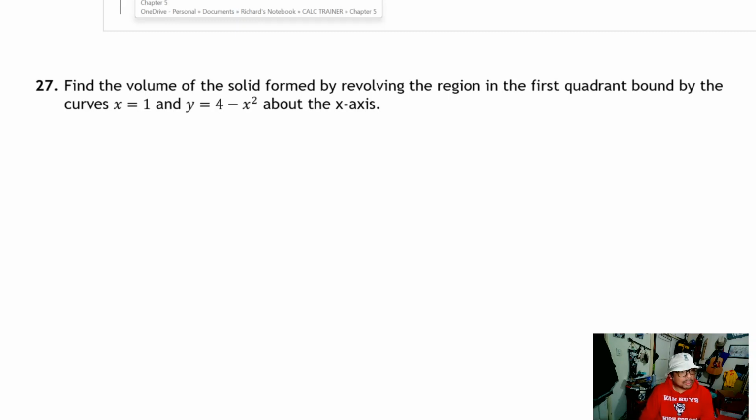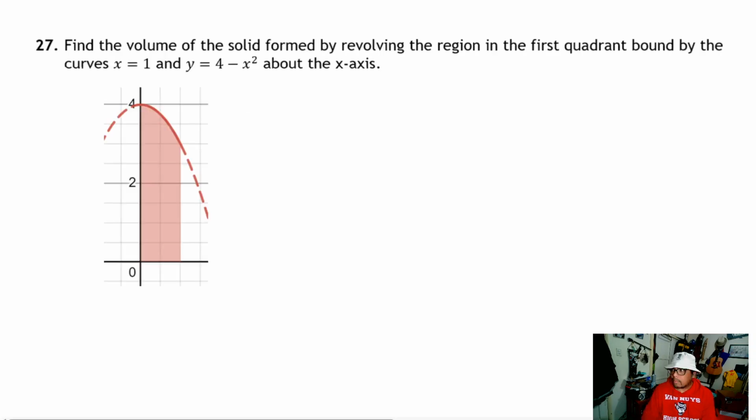Let's graph this. 4 minus x squared is a parabola that opens downward with a vertex at (0, 4). Let's see if we can produce one of those neatly. So the region in the first quadrant bound by these curves is going to be this piece right over here, shaded in. And we know we want to revolve that region around the x-axis.